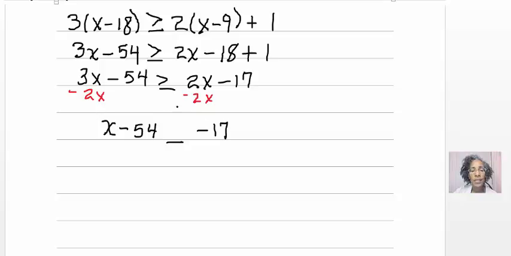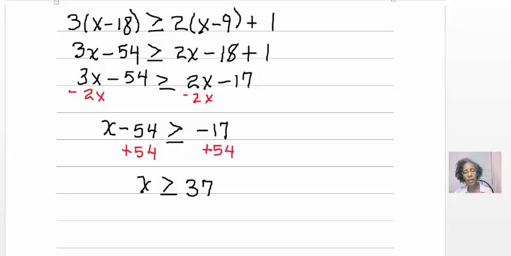And what I'm going to do with this is, in order to get x on the left side and constants on the right side, I'm going to add 54 to both sides. And I get 37 on the right, x on the left, and I see that x is bigger than or equal to 37.